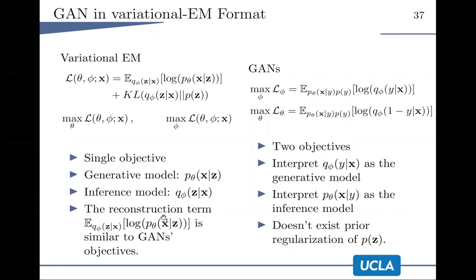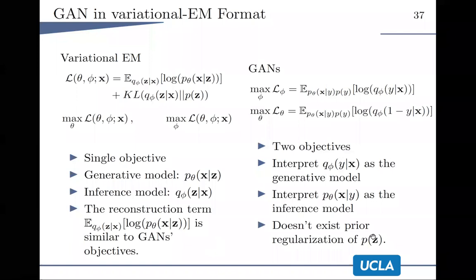And the reconstruction term here is similar. This term, the expectation of log p over q, is similar to the GAN's objectives. And there doesn't exist prior regularization of p(z).